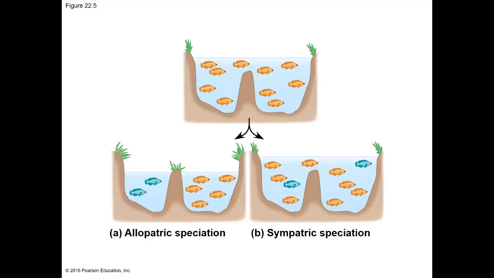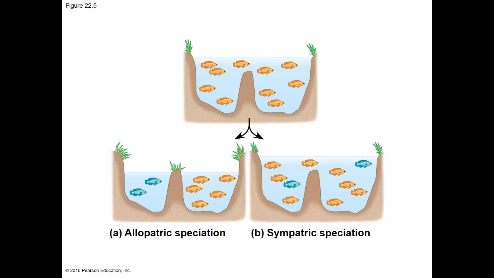Say you're in a drought and the water lowers. Now you have a geographical barrier and these fish are trapped on one side or the other, and over time eventually develop into two different species. So allopatric means that there is a physical barrier that prevents them from reaching the other population.